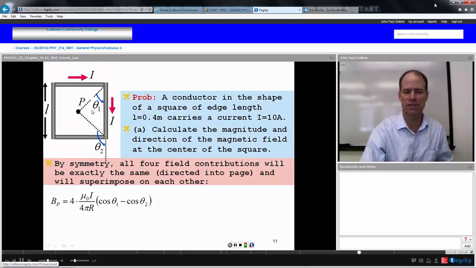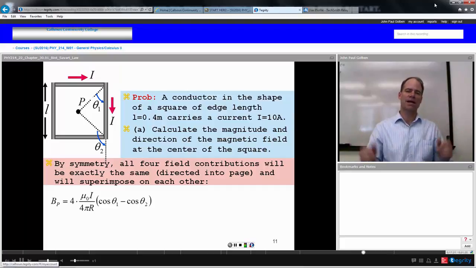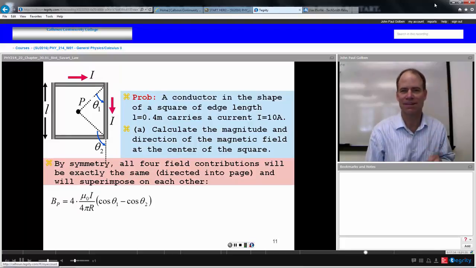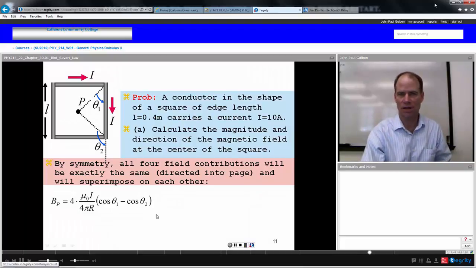In this case, theta 1 is a supplementary angle to theta 2, because this angle over here is also theta 1. So if the cosine of theta 1 is the square root of 2 over 2, the cosine of theta 2 is going to be negative square root of 2 over 2. Supplementary angles have negative cosines of one another. If I knew that, it would make this calculation a whole lot easier.